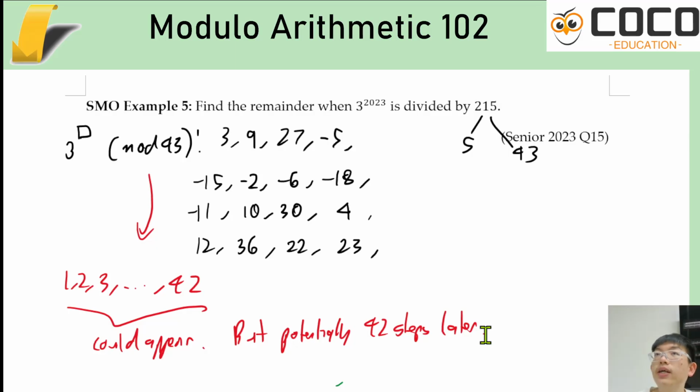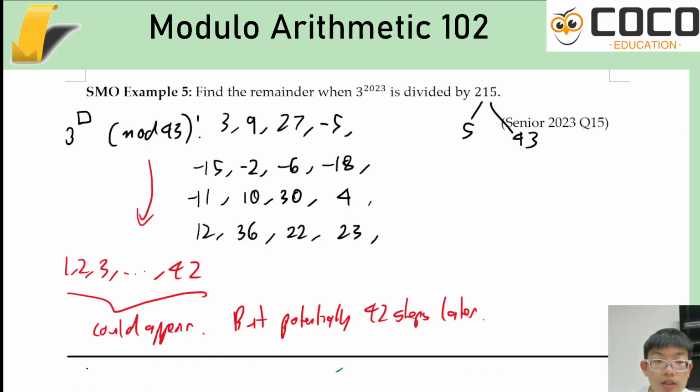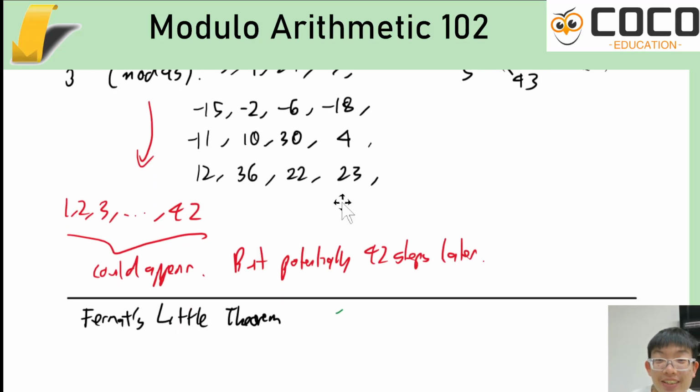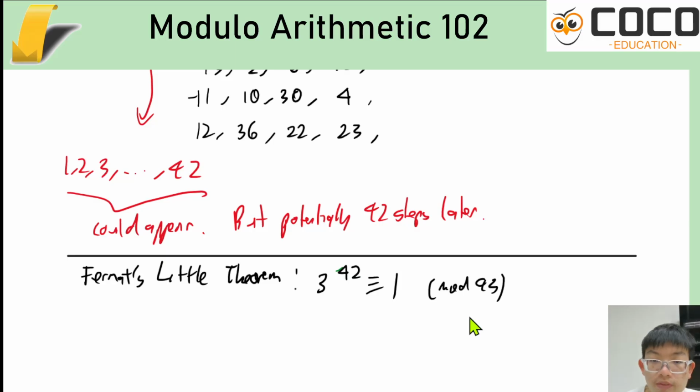Now that's where Fermat comes in. Fermat's little theorem, FLT for short, not to be confused with Fermat's last theorem, is basically going to tell you that 3 to the power of 42 is 1 mod 43. And more generally, what does Fermat's little theorem say?